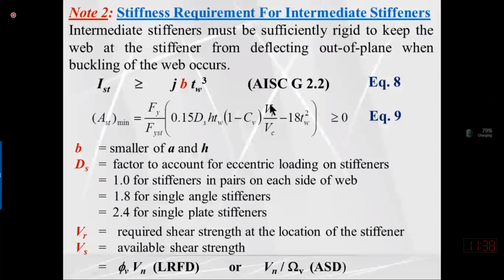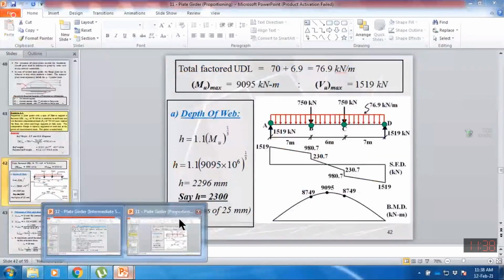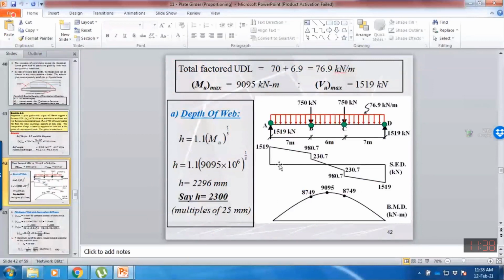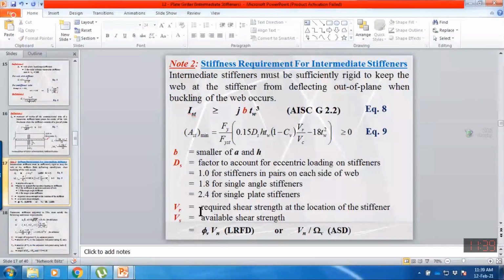So how can I explain? Let's suppose I want to provide a stiffener here at this point. So what is the applied shear? 1590. So Vr is the required shear strength, which is the applied shear force, which we are getting from the shear force diagram.